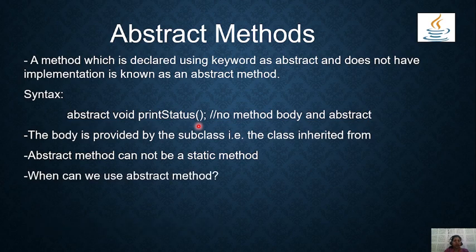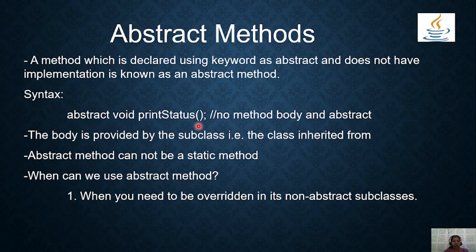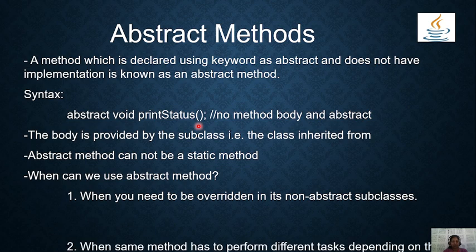So when can we use the abstract method? There are two scenarios. One is when it needs to be overridden in its non-abstract subclass, the class which is inherited from it. If we want to override the methods, then we go for the abstract method.